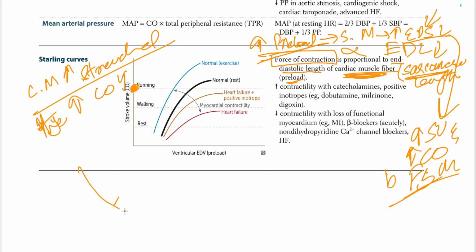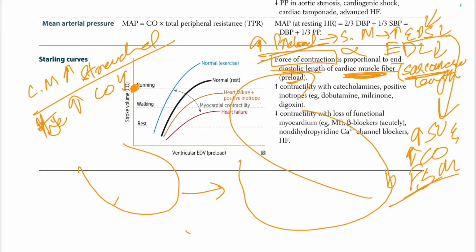So again, this was a normal heart, let's say. As you increase the stretch on this cardiac muscle fiber, it's going to push it out. Whatever it expands, it's going to push it out to a limit.